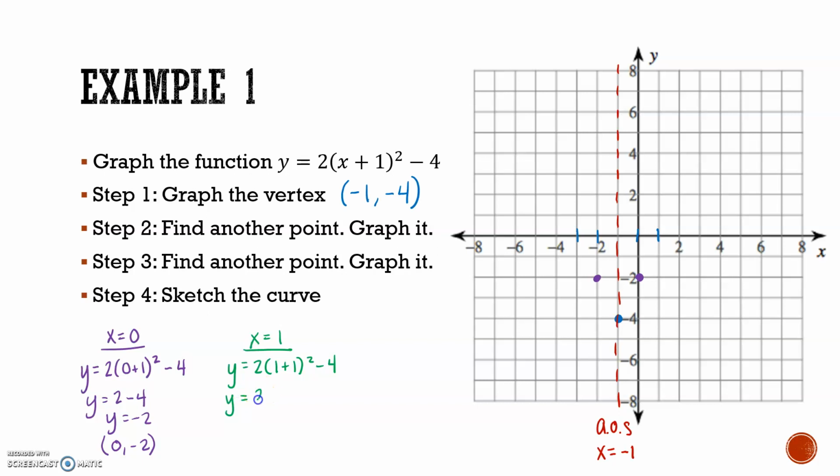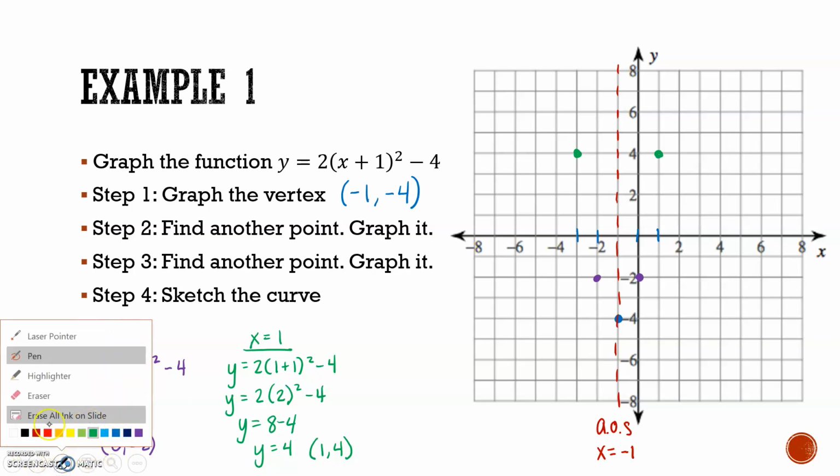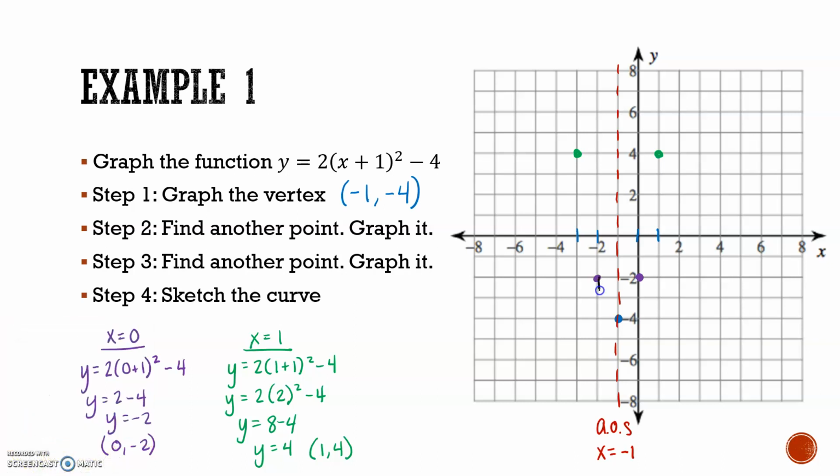This would be 2 times 2 squared. Well, 2 squared is 4, and 4 times 2 is 8. So 8 minus 4, and y would equal 4. So my next point is going to be at (1, 4). That would be right here. Graphing the reflection, it would go over here. And what I see is that I do still have my parabola shape, so I can make my curve.